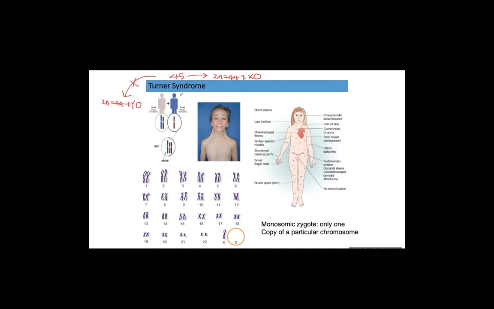Only Turner syndrome can survive with chromosome number 45. With only 45 chromosomes, it's still not fatal in humans. Monosomic zygote means only 1. Mono means 1, only 1 copy of a particular chromosome. Only one X chromosome is there. See here, XO.